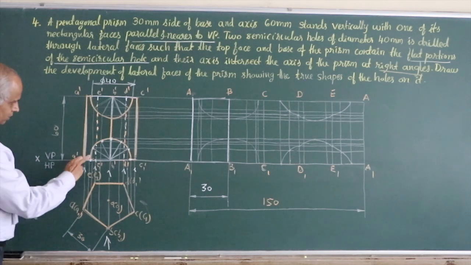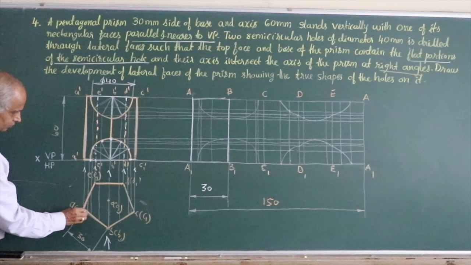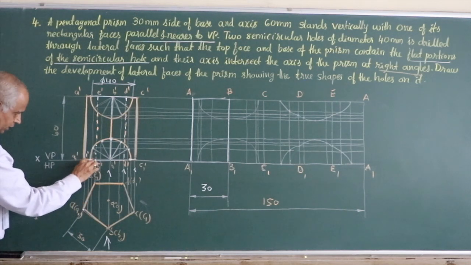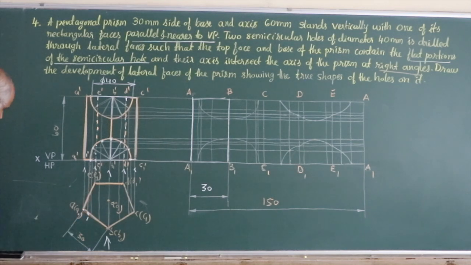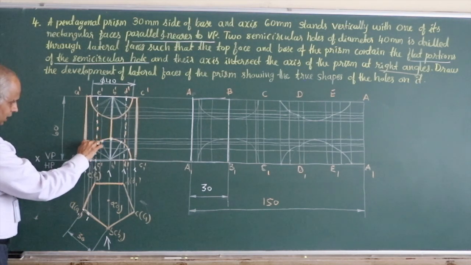So let us start naming the section points here. In the front point here, this point is section point 1 dash. When you project it down, it comes on the front face, and this is 1. Next, this one is just an imaginary line.